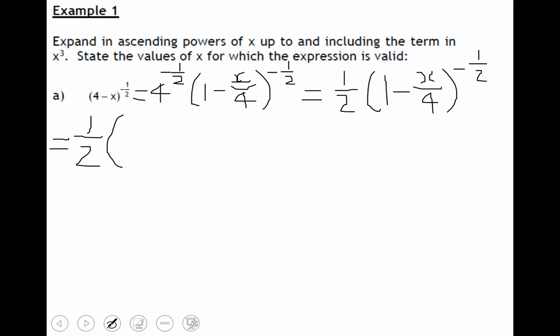So same formula as before, it's 1 + nx. n for this one is minus a half. x, as I like to put in inverted commas because of the abuse of notation, is equal to minus x over 4.